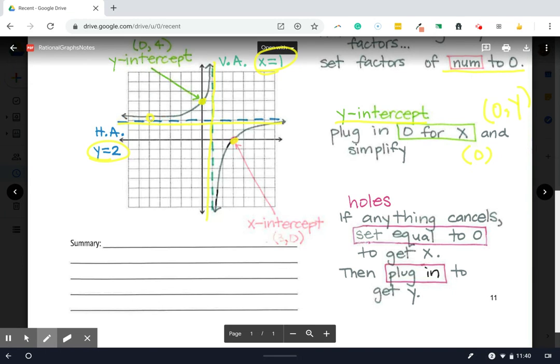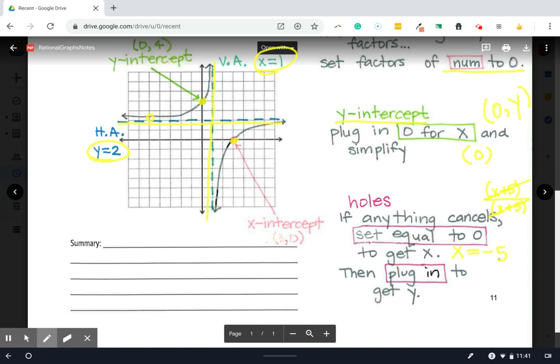What happens with holes is we're looking in the equation for anything that cancels. Say I have x plus 5 over x plus 5, and that would cancel out like we've been doing in this unit. That means we would have a hole where x equals -5.